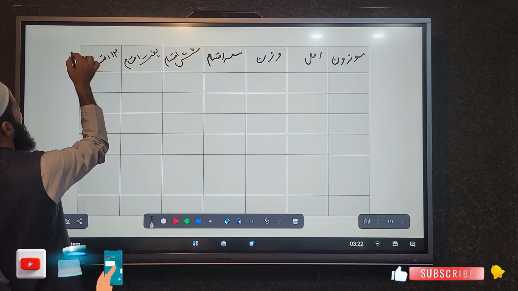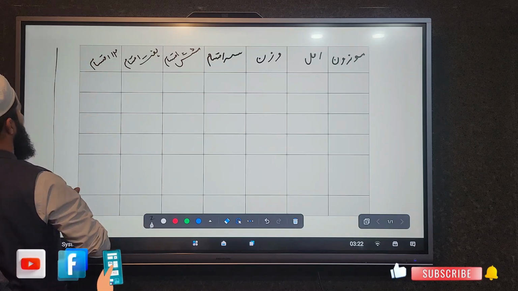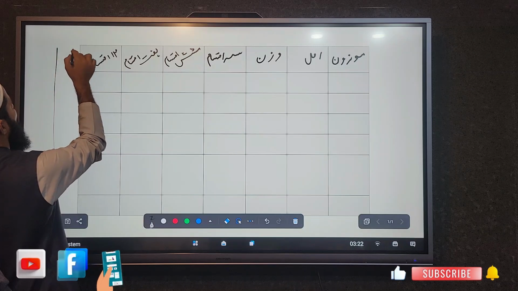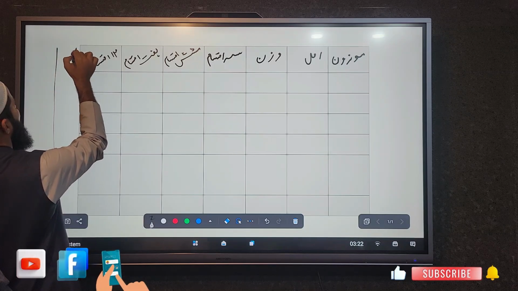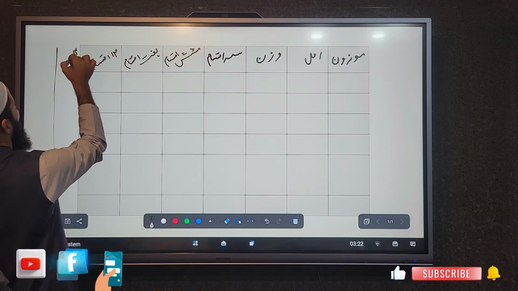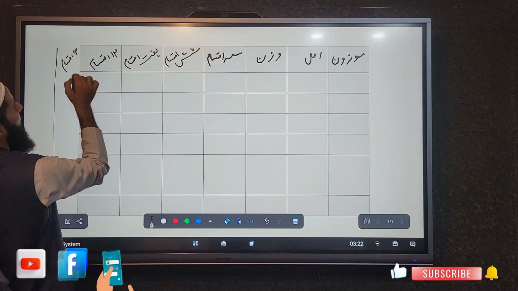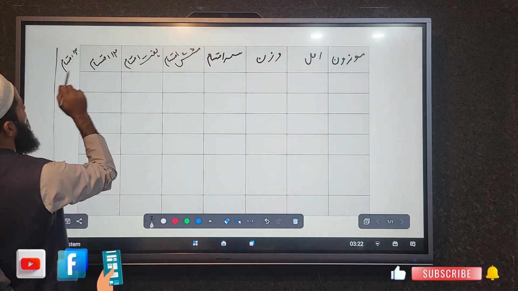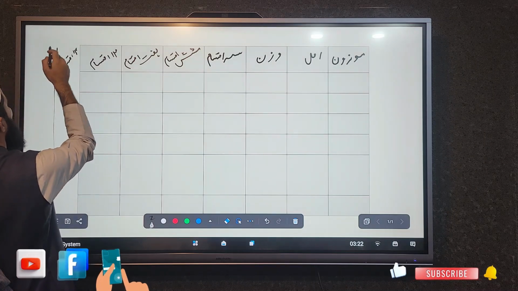And here I will draw another manual line. Here charda aqsam, 14 times. So: mawzoon, asal, wazn, seh aqsam, shash aqsam, haft aqsam, dwazda aqsam, 14 aqsam.